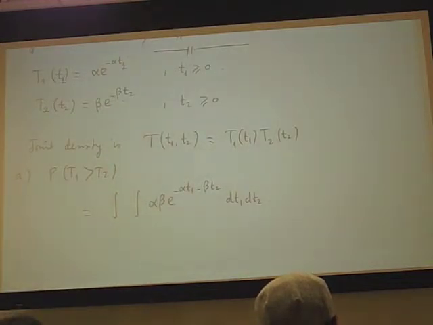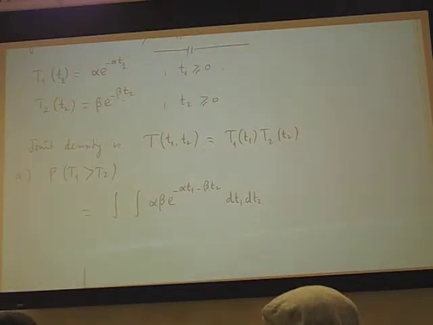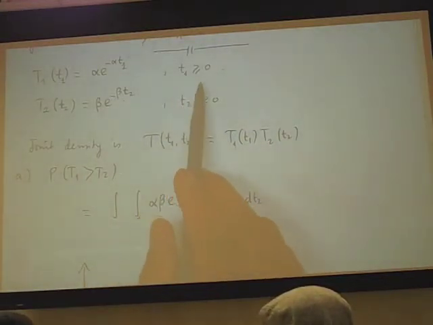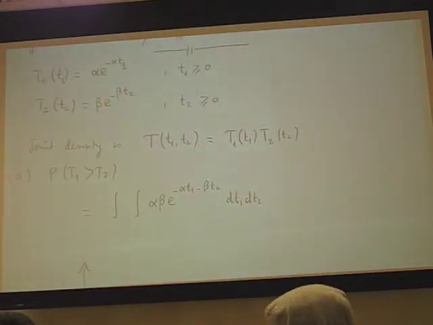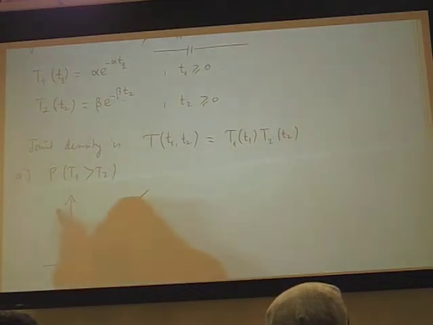So we just have to find the limits. Suppose that I want to do dt1 dt2. Again, it's exactly like the picture we did a minute ago. T1 and T2 are both positive, and this is the line where T1 is equal to T2. Let's say, without loss of generality, T1 is here and T2 is here.